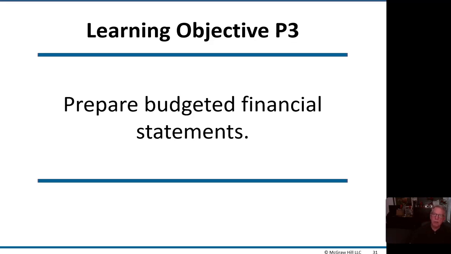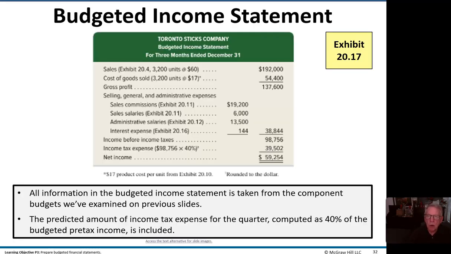All right, let's take a look at the budgeted financial statements now. In the budgeted financial statements, we can now forecast our 3 months. Here's our sales forecast, our cost of goods, our gross profit, our selling expenses, our G&A, and that includes the commissions and then the fixed salaries, and then our administrative salaries, and finally our interest expense. That gives us our income before income taxes.